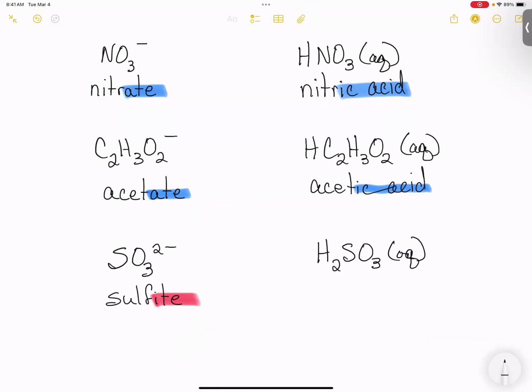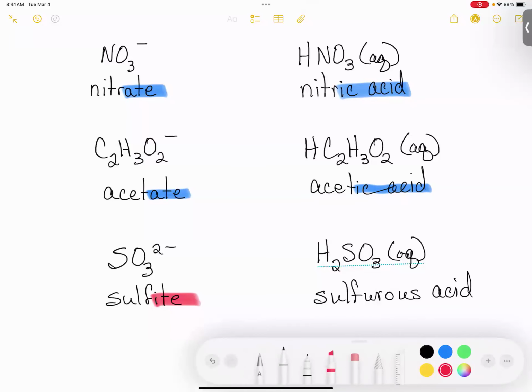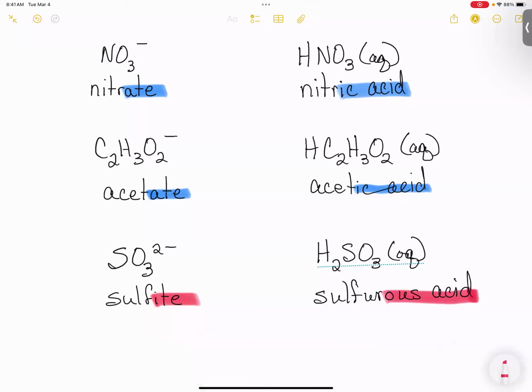Number two, this would be referred to as sulfurous acid, with the us acid due to the fact that it is an ITE.